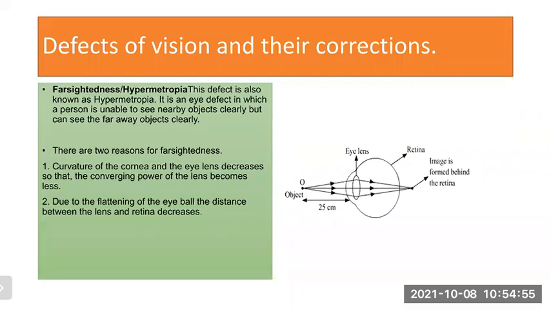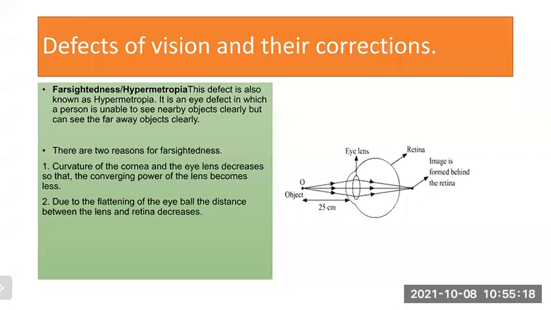It is an eye defect in which a person is unable to see nearby objects clearly, but can see the far away objects clearly.